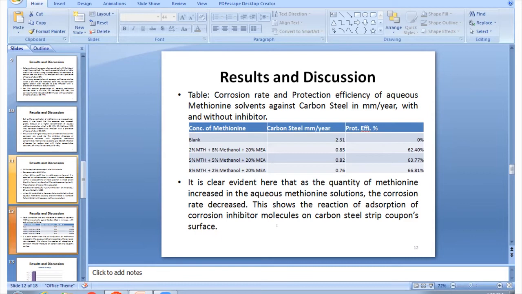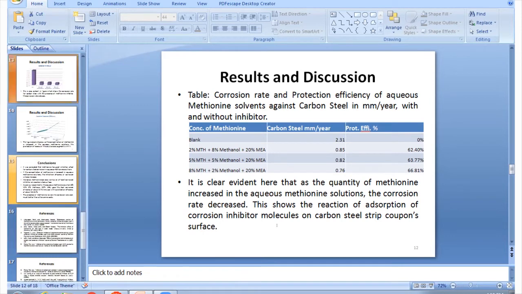Later on, with the first aqueous methionine solution at lower concentration, it changed to 0.85, so it reduced 3 times. Then, with the next medium concentration solution, it reduced further, and later on, in the final solution, it reduced even more to 7.076.